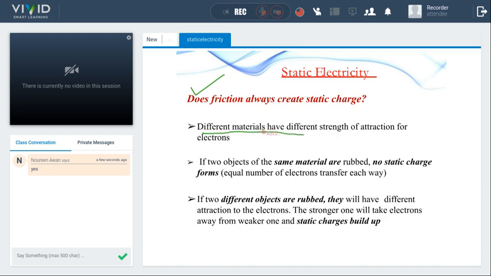That is an important concept over here. I will ask you to brainstorm over it, and we will discuss it in the next sessions, because different materials have different strengths. That's why the attraction for the electrons is different in different objects, right? And whenever you share your results about those activities I have asked you, then we will get a better picture of this conclusion.